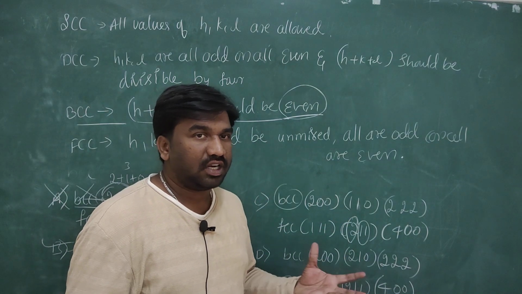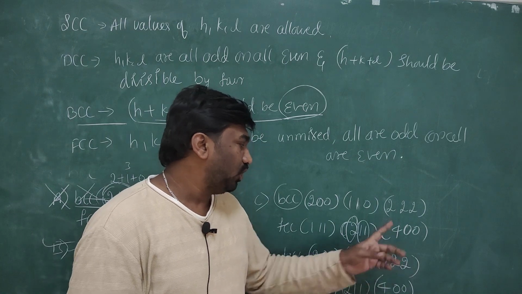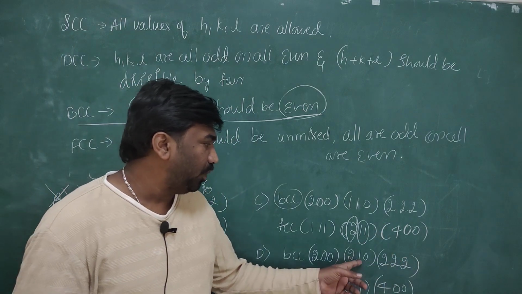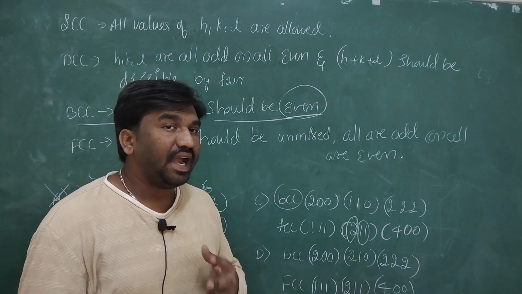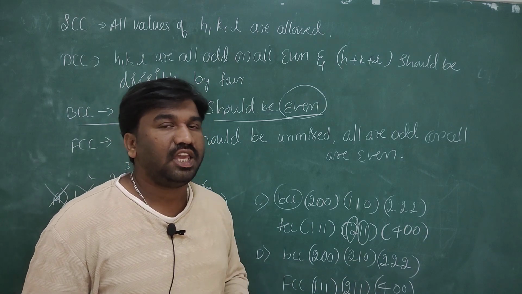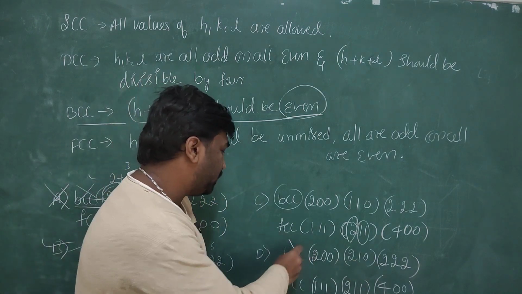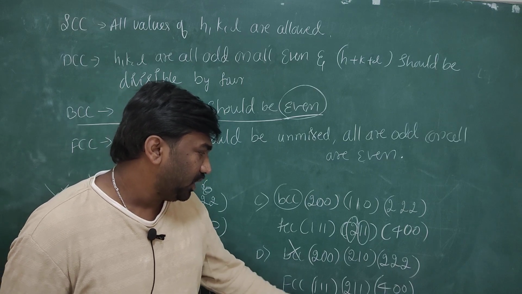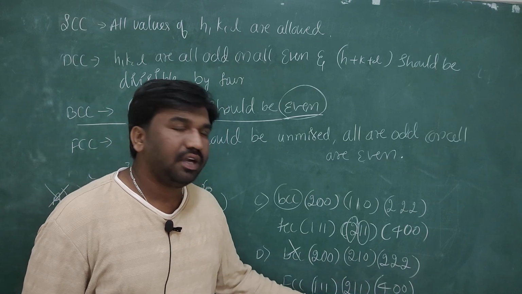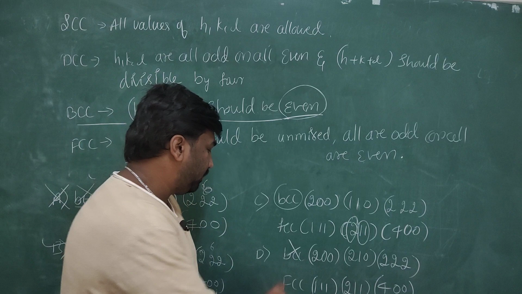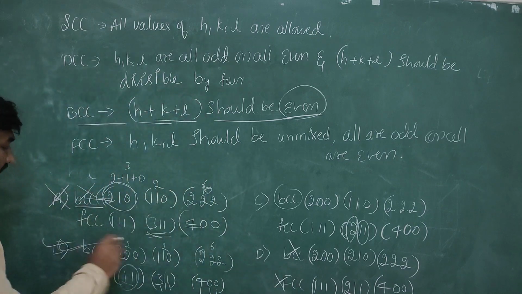So, this is not a correct option. Here 2 plus 1 is 3. If we add h plus k plus L, it should be an even number, so this is not a correct option. And FCC is also a mixture of even and odd, so this is also not satisfied. So, option B is correct.